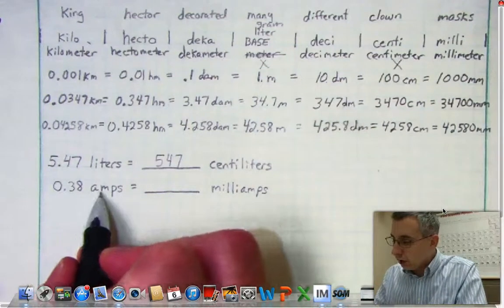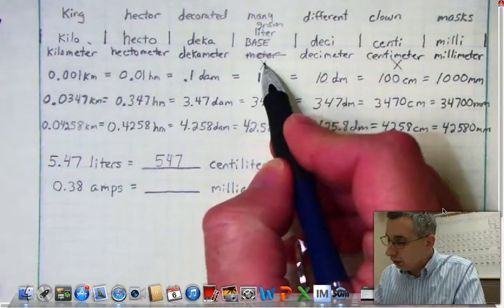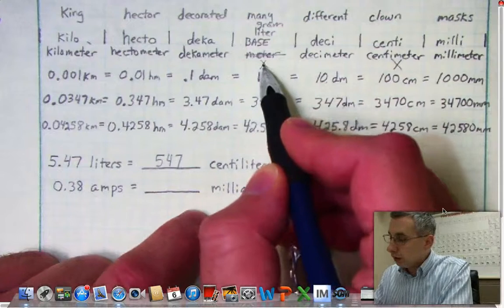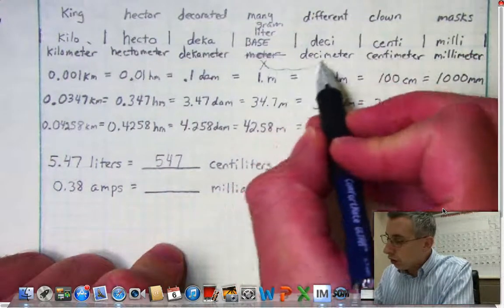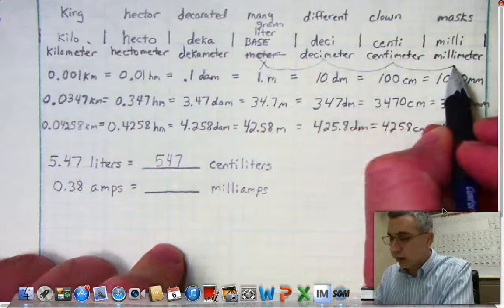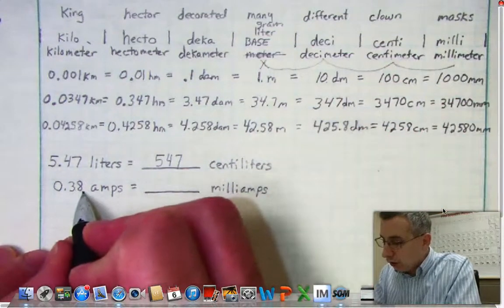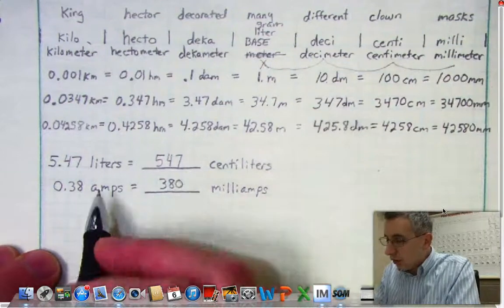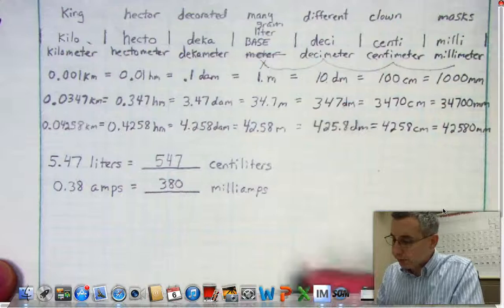Well, you realize you're starting with the base unit. So we're starting here, and we're moving to milli. So that means that we're moving over 1, 2, 3 places. So the decimal has to move 1, 2, 3 times. So 0.38 amps is 380 milliamps.